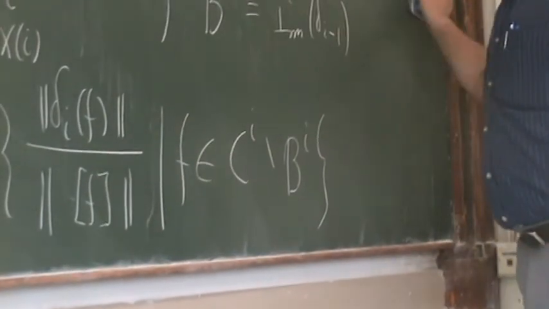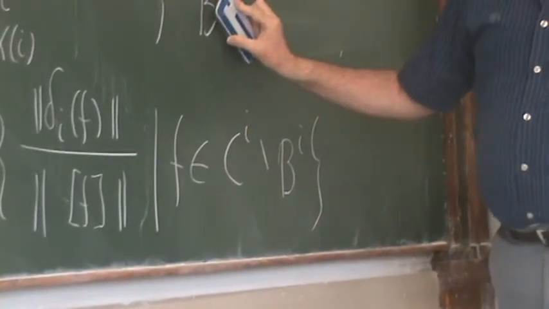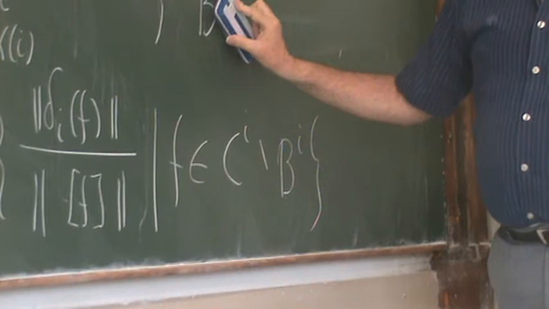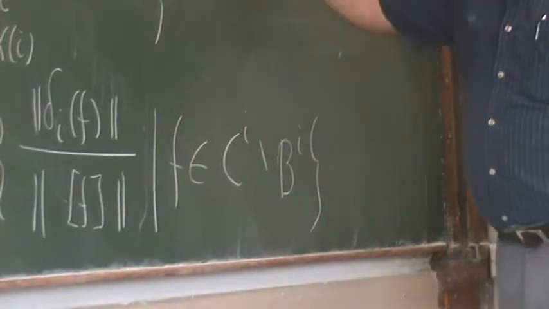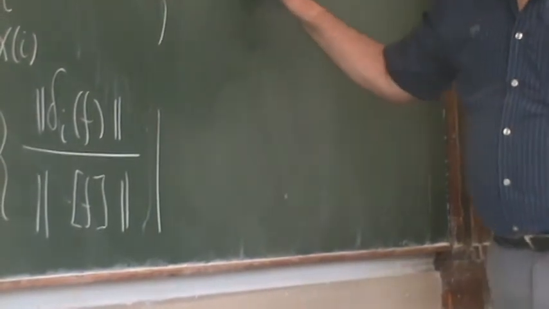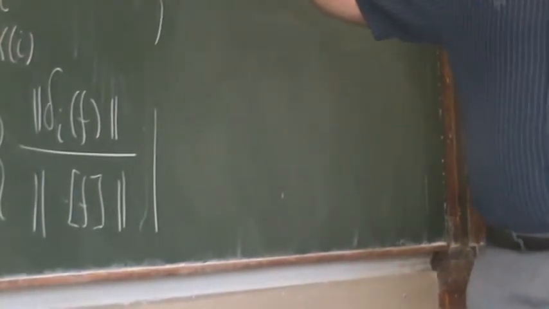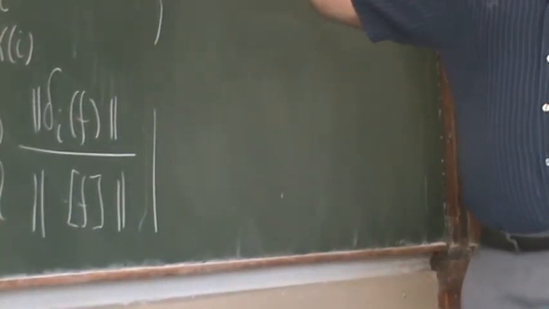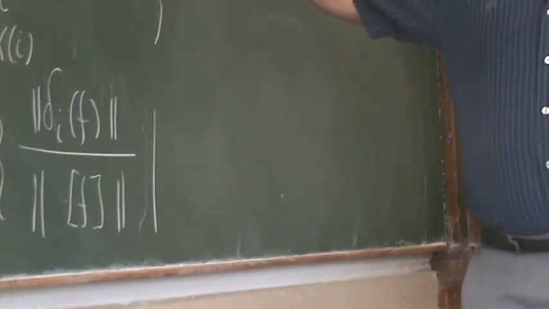Here in the BLR theorem, maybe this is what you have in mind: if instead of looking at all x and y, you look only at pairs which come from an expander, then this works. I think it's true.